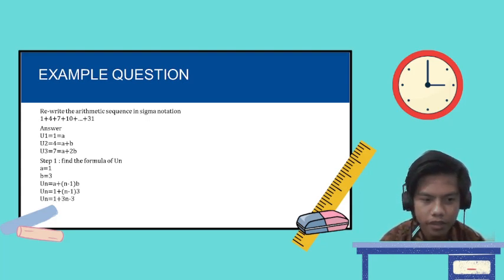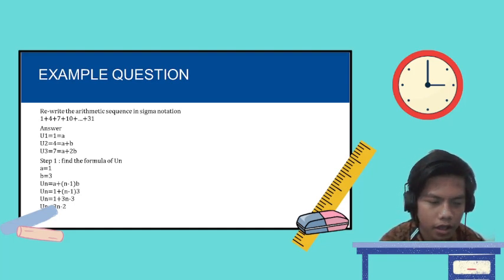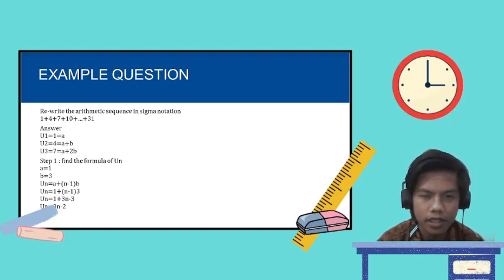And so we have Un is 1 plus 3 times n minus 3. And then we have Un is 3 times n minus 2.